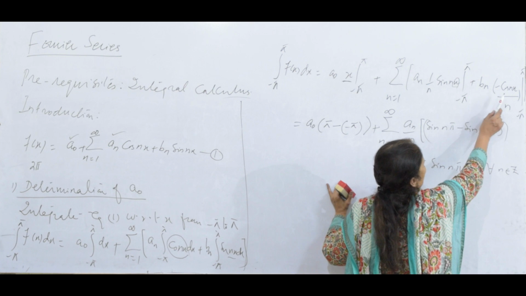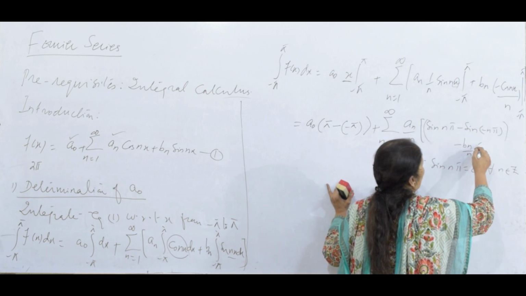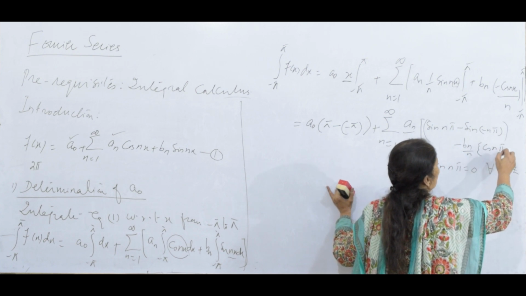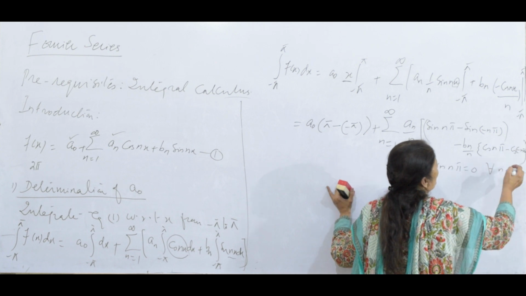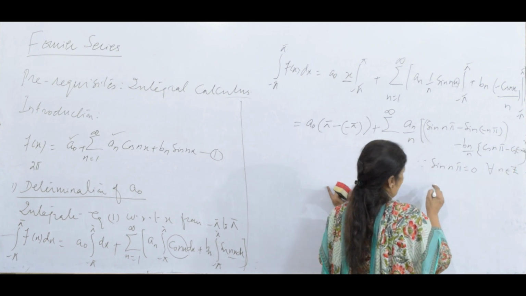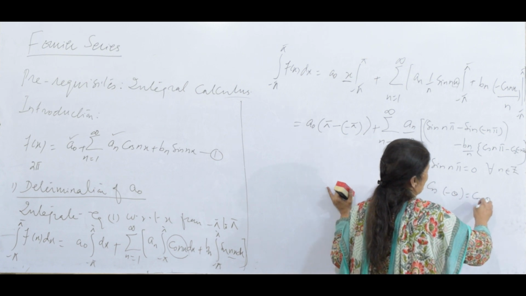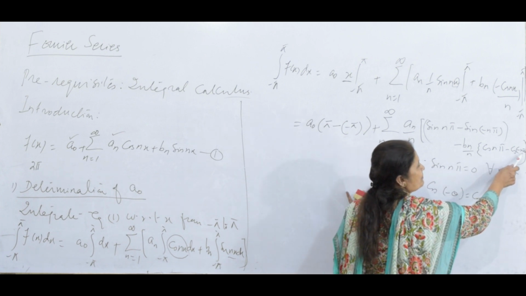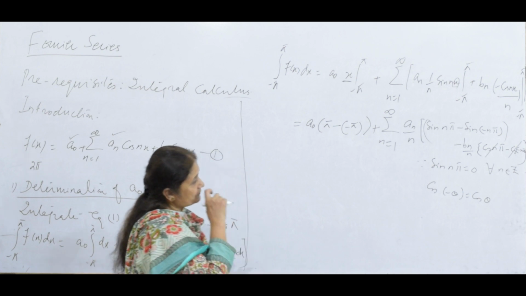Similarly, I am going to have this with minus b n over n, putting upper and lower limits: cos n pi minus cos minus n pi. Cos minus theta is cos theta, because this is an even function. Cos minus n pi is cos n pi, so that cancels.